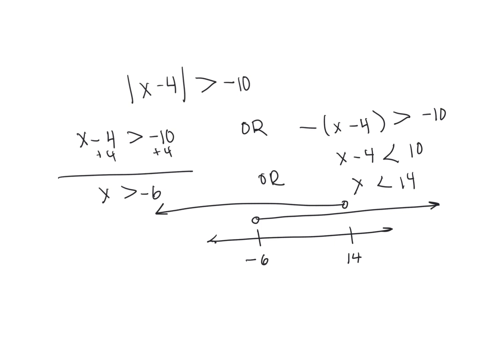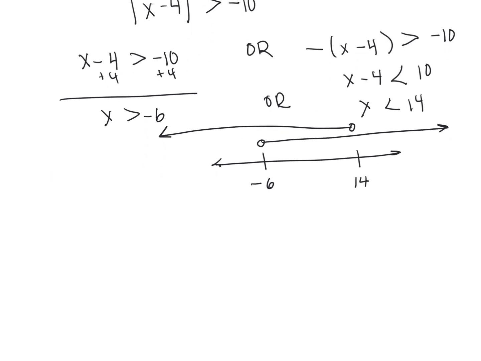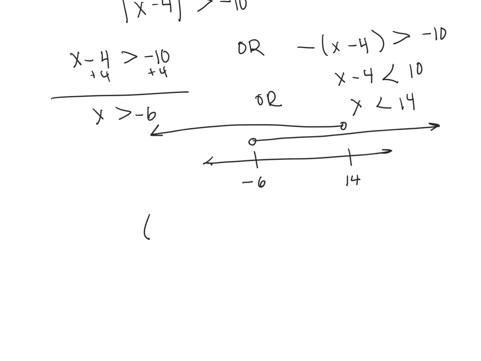You'll notice that that is all real numbers. That covers every number on the line. There's no real number that you can think of that is not either greater than -6 or less than 14. So my answer would actually be this.